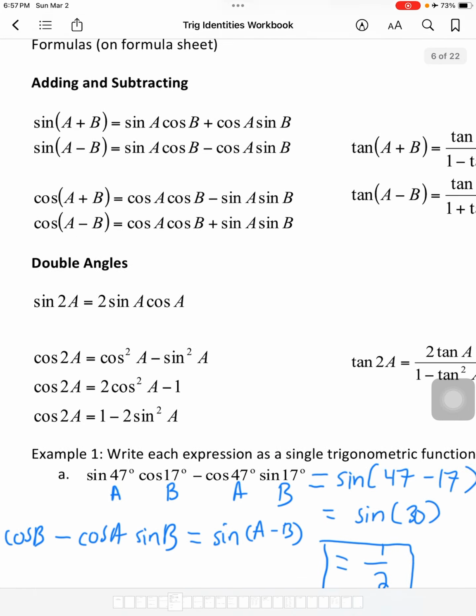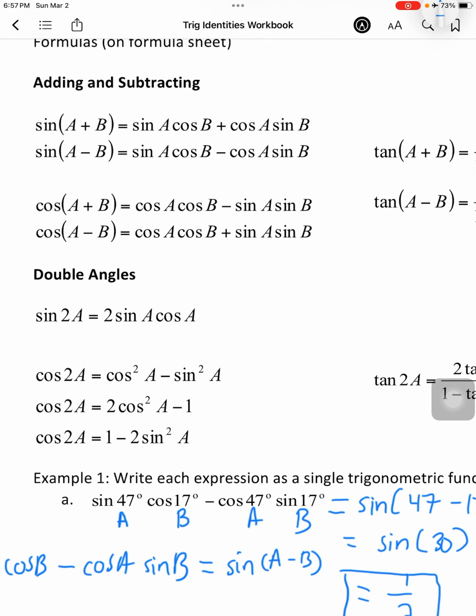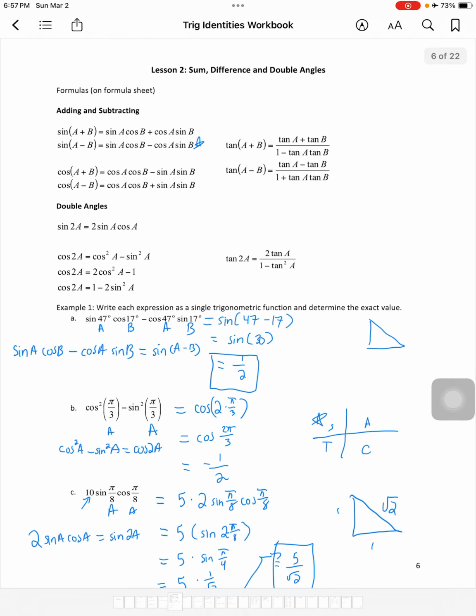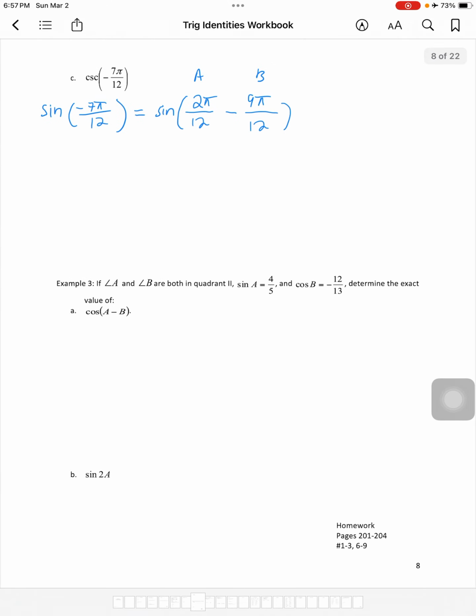So we're going to look at our equations again. So sine a minus b is going to be this formula. So here, before we use the formula, we're just going to reduce. So sine pi over 6 minus 3 pi over 4.